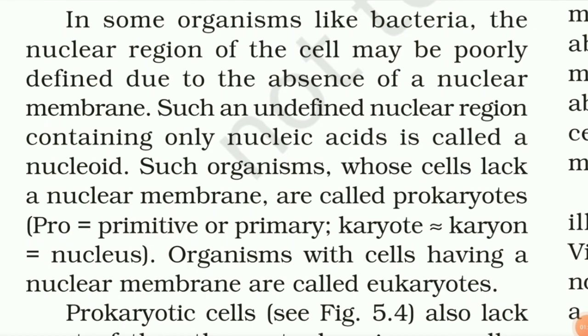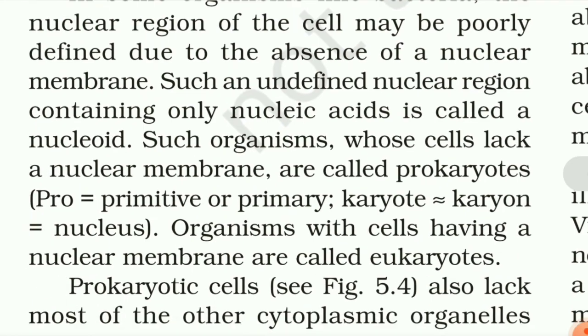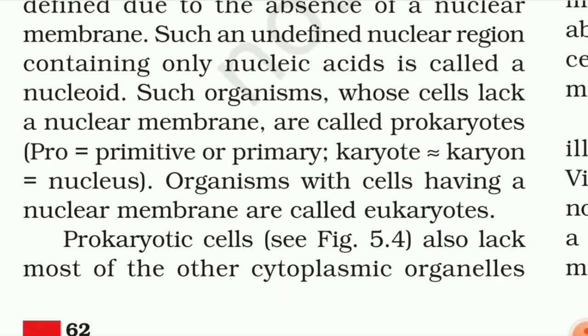Such organisms whose cells lack a nuclear membrane are prokaryotes. Pro means primitive or primary, which is like it's not formed yet. And organisms having a nuclear membrane are called eukaryotes, and prokaryotes also lack most of the other cytoplasmic organelles.